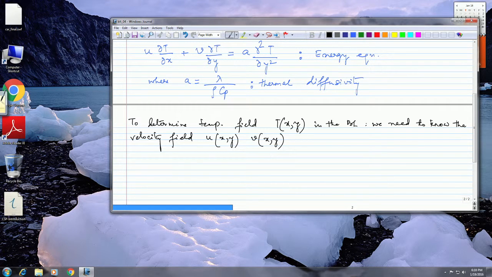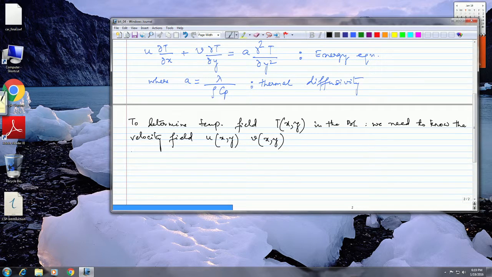So therefore we are saying that there has to be a flow, which means that we are forcing the flow to have a velocity. We need the fluid to have a motion for us to determine the temperature field, right? That's why we come up with this terminology, forced convection or forced convective heat transfer. What this essentially means is that the motion of the fluid is forced. You have to force the fluid to have a motion so that it has a velocity field.